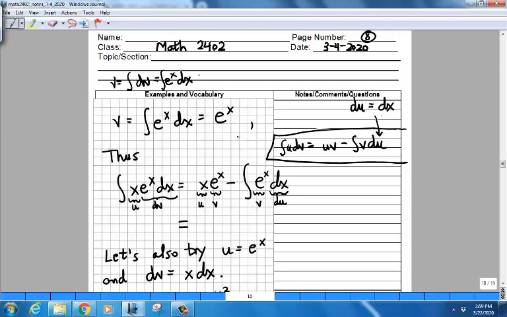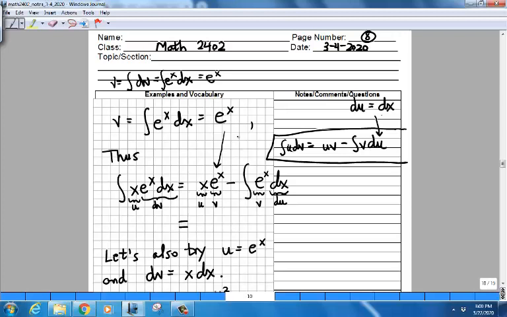We know what that antiderivative is. That's just e to the x. So we know that v is going to be just e to the x. So I can fill that in now to my integration by parts formula. Now it's minus the integral of v, but again we know v is e to the x power, so it's the integral of e to the x, and then times du.